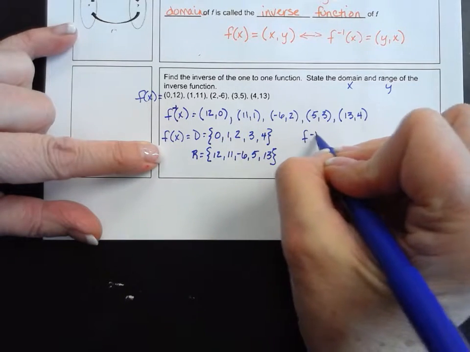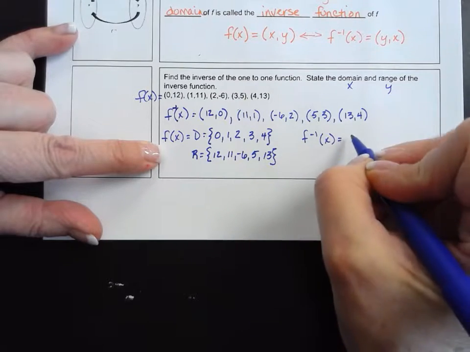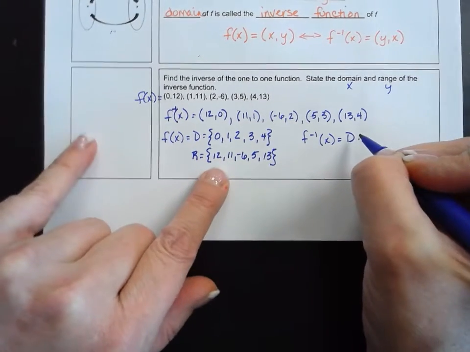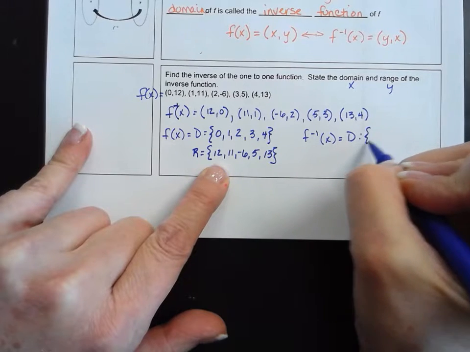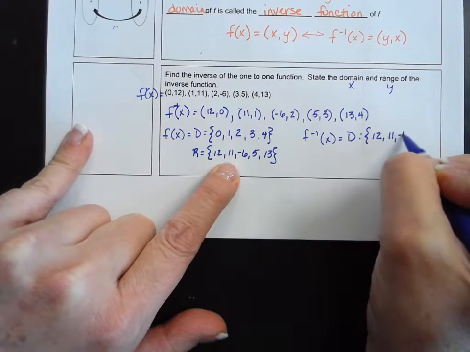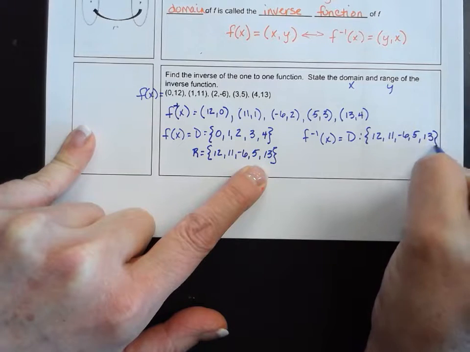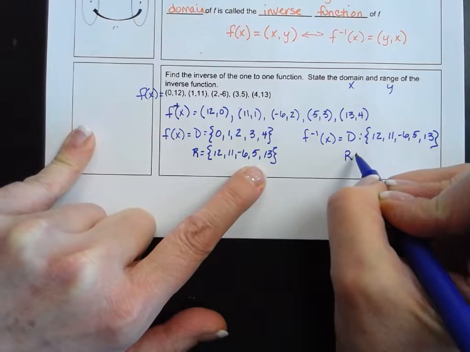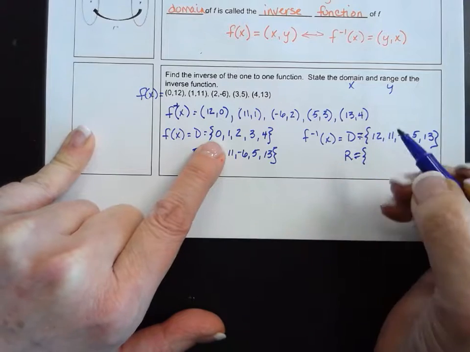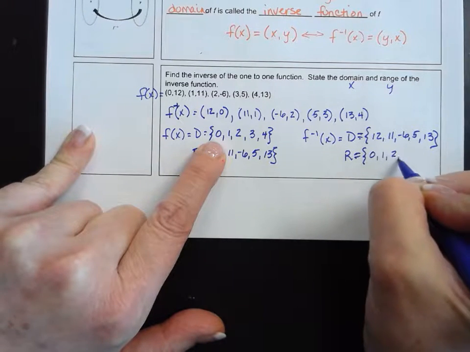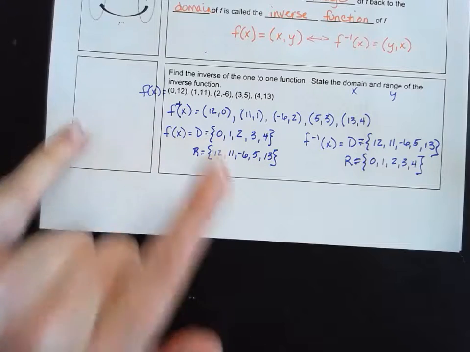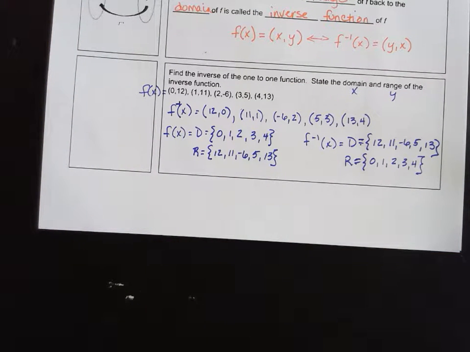So if I want to find the domain of my inverse, all I'm going to do is look at my range and say, hey, it's going to be 12, 11, -6, 5, and 13, which then gives me the range of 0, 1, 2, 3, and 4. Does that make sense, Alex?